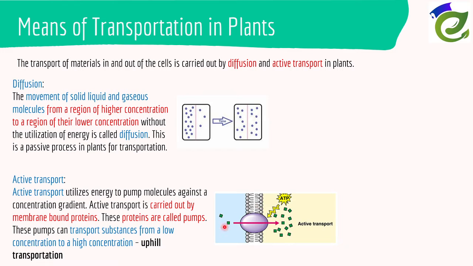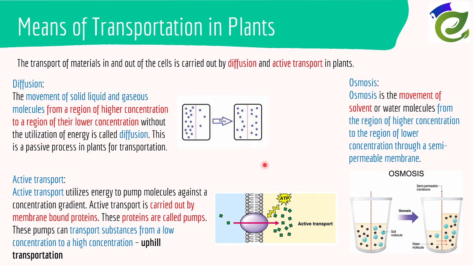As you can see, even though this side is highly concentrated, the arrow is showing movement from lower to higher. So the main difference is that diffusion is from higher to lower concentration, while active transportation is from lower to higher concentration. That's why active transportation is called uphill transportation.